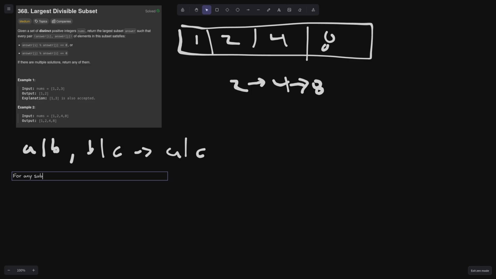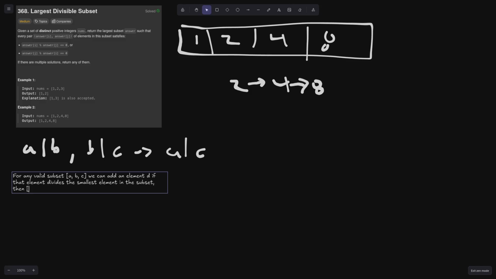For any subset A, B, C, we can add an element D, and we should make this a valid subset, if that element divides the smallest element in the subset.